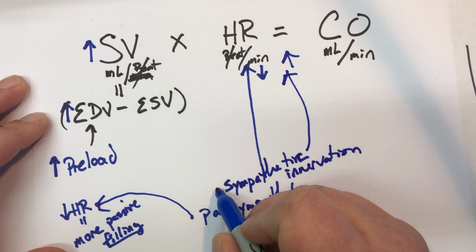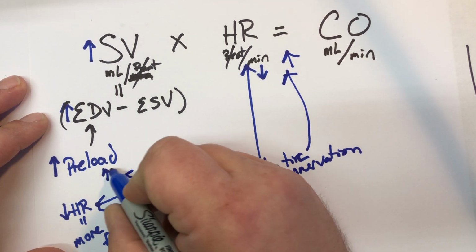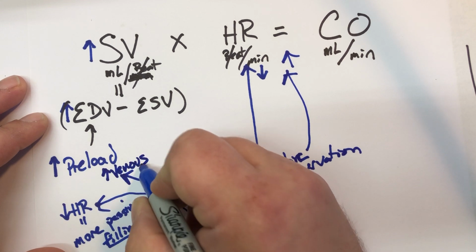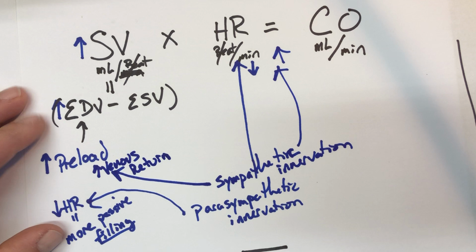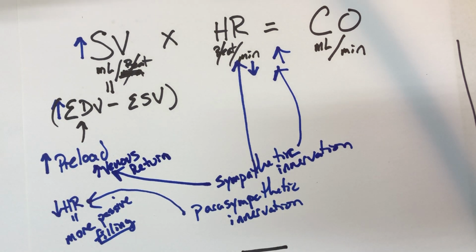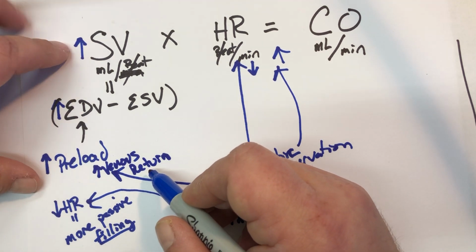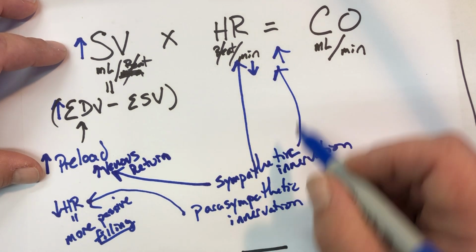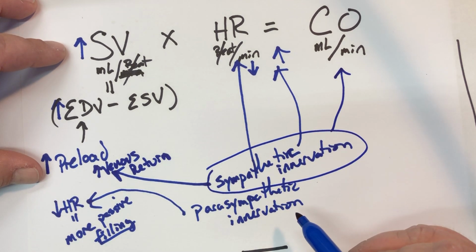It has to be some separate mechanism. And so what we see is increased venous return. Venous return means we see the veins constrict. We see increase in motility, and that all helps to bring more blood back to the heart. So that increase in venous return increases EDV, increases stroke volume, and because heart rate is going up during sympathetic innervation, we're definitely going to see an increase in cardiac output.